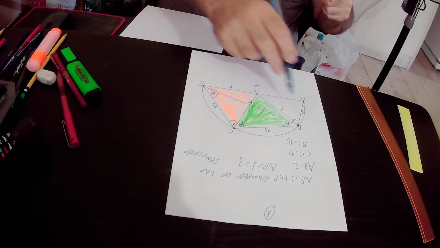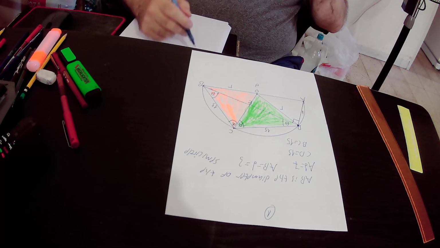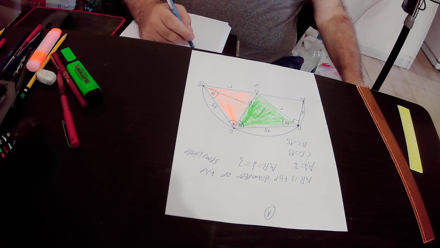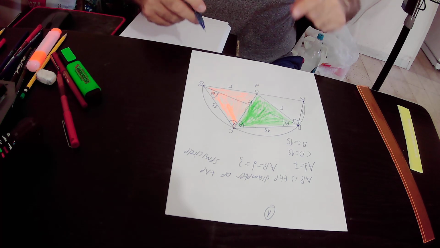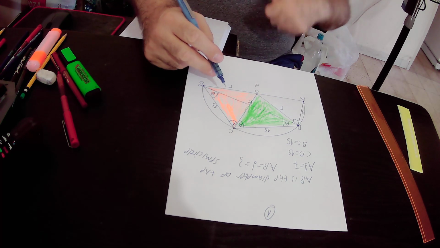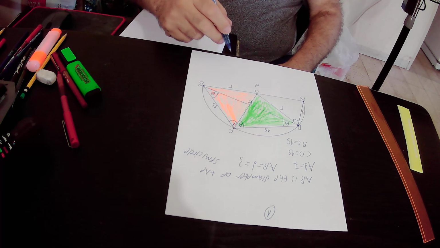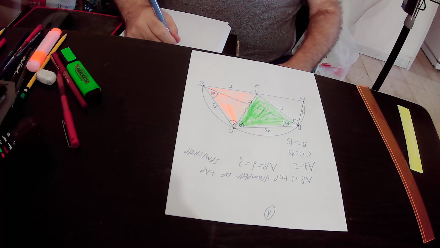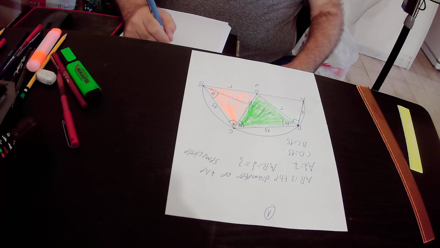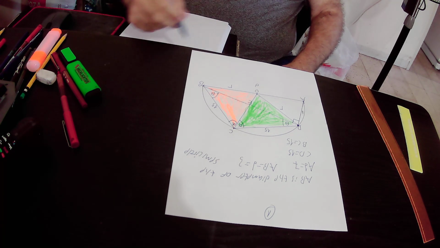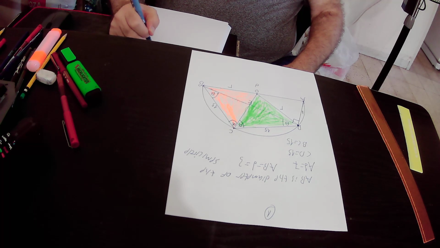So ED equals EB. And we also can deduce from the fact that those two triangles are congruent that angle CED in the green triangle is equal to angle CEB in the orange triangle.